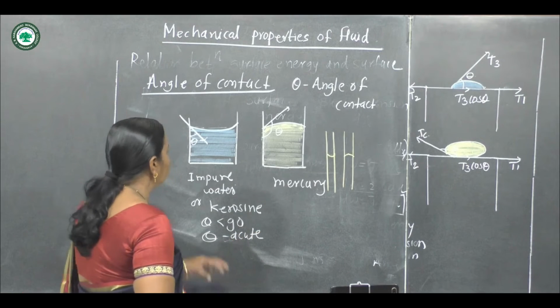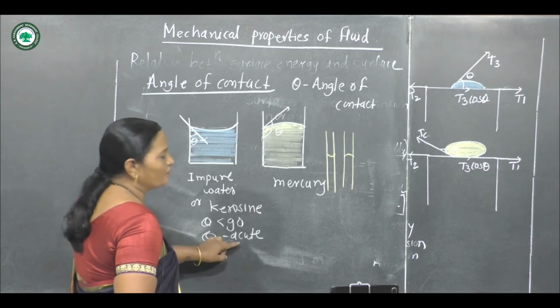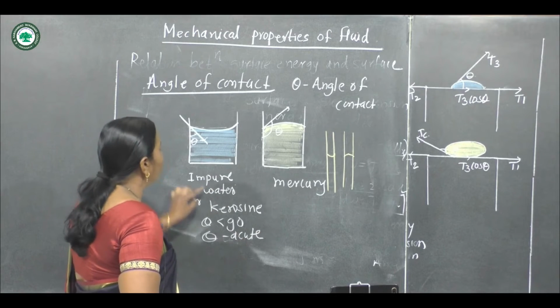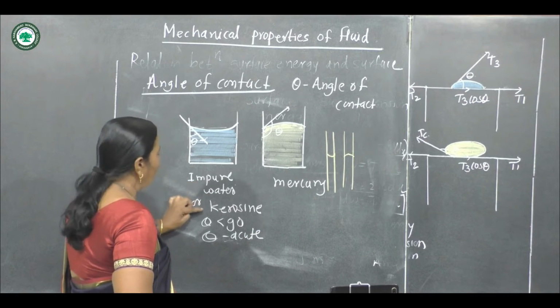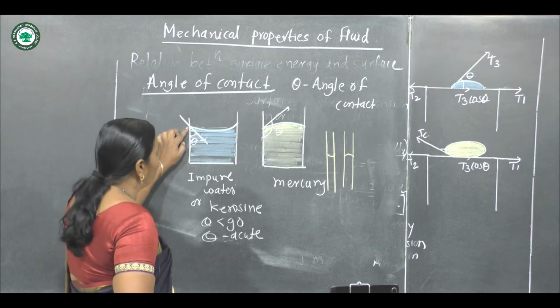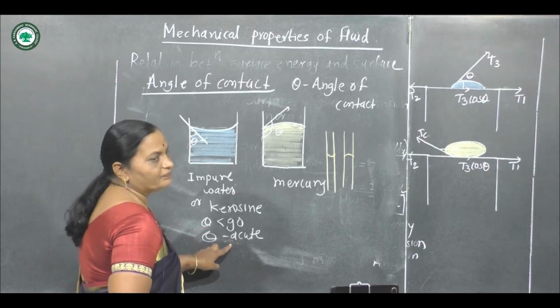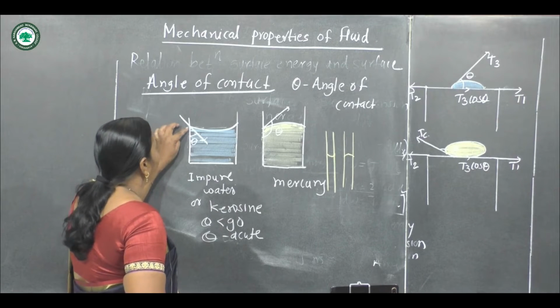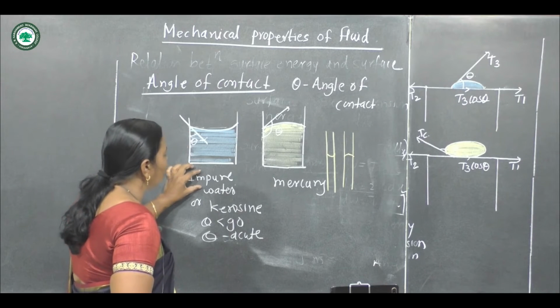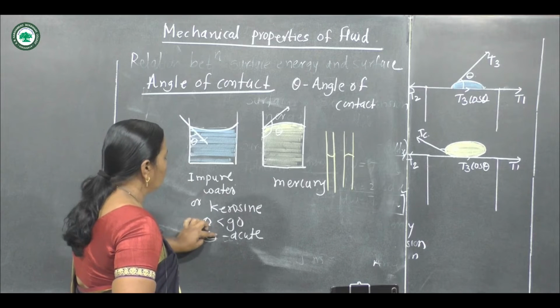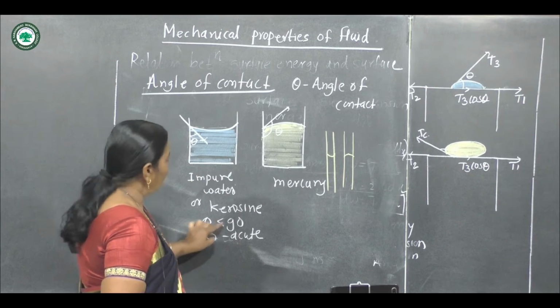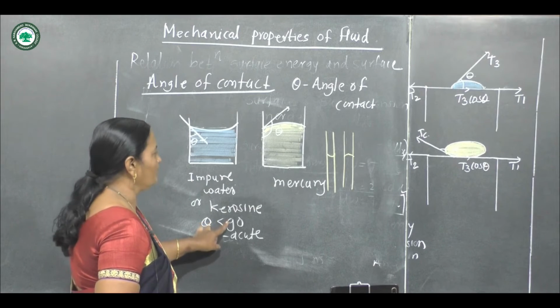If the angle is less than 90, it is called acute. That is, in case of impure water or kerosene, the angle of contact is acute, that is, it is less than 90.